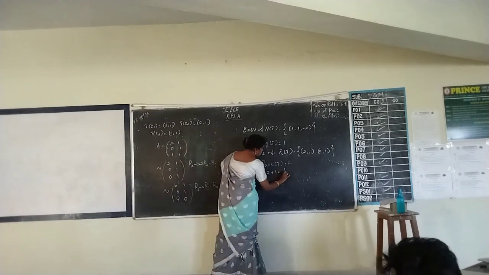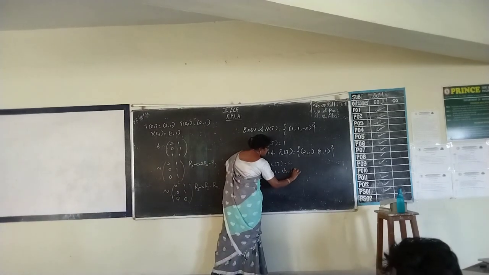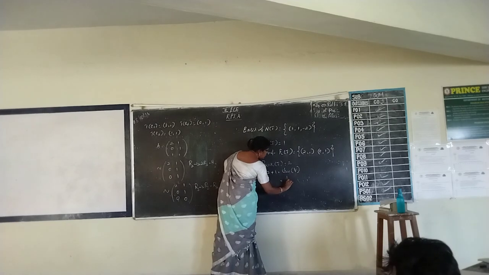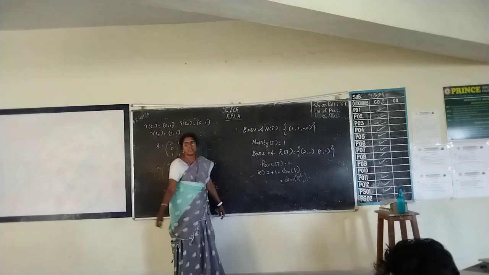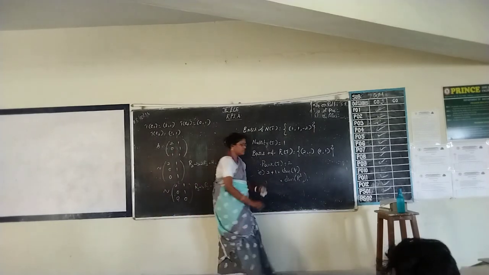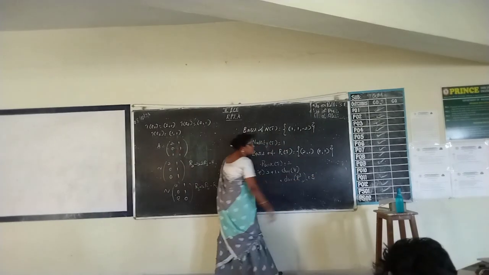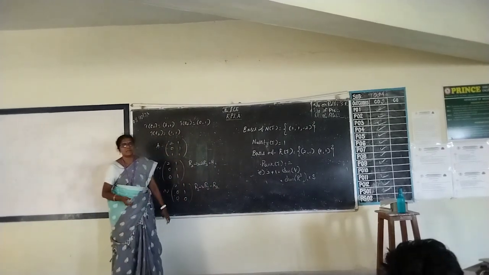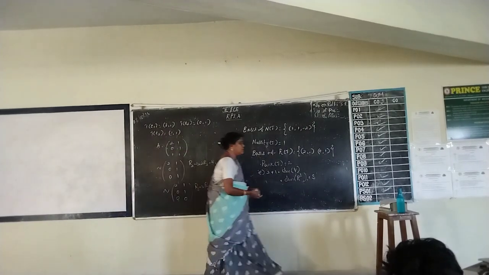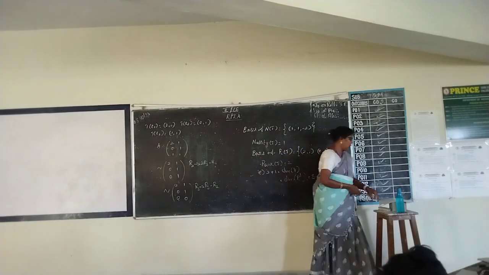That should be equal to dimension of V, that is equal to dimension of R cube. What is the dimension of R cube? So hence verified. Any doubt?